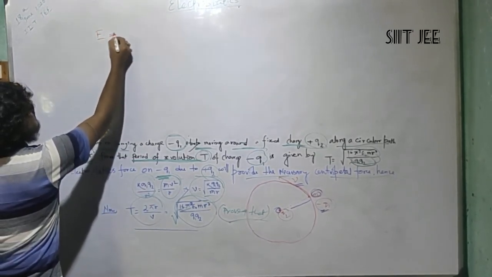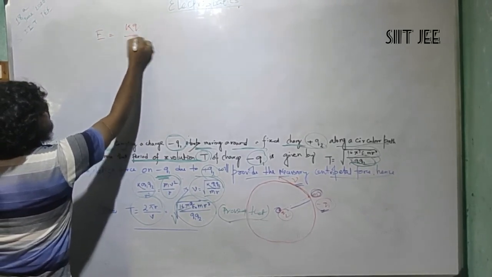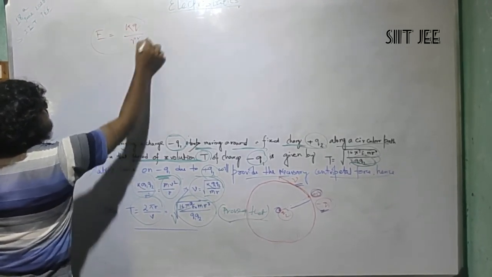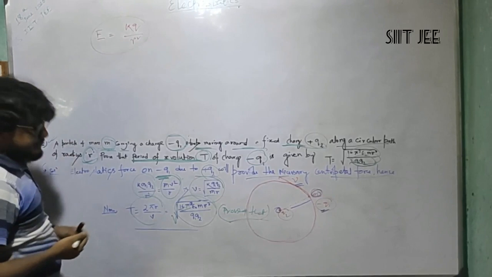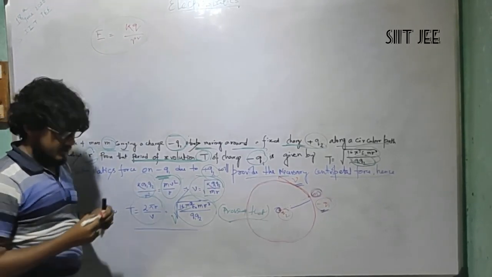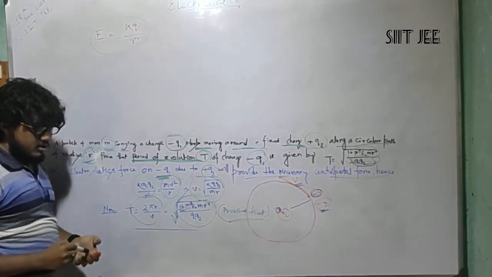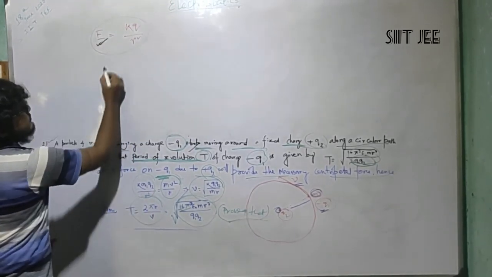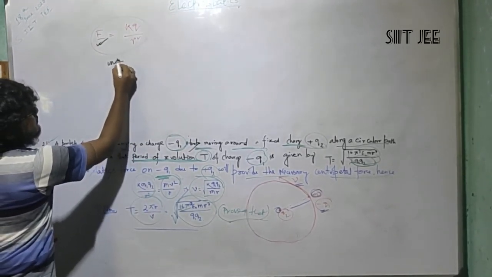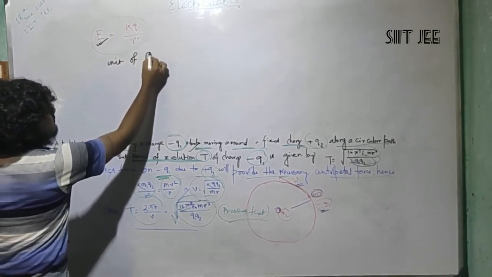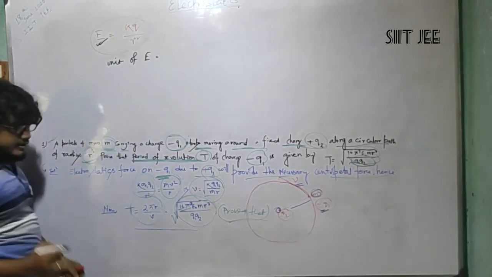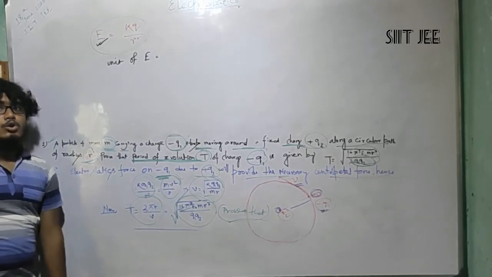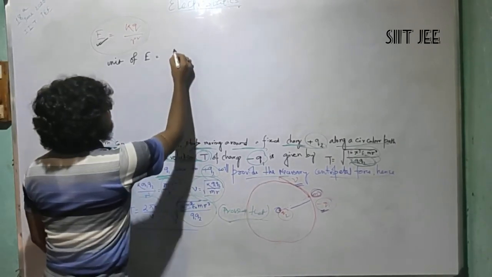Electric field intensity is equal to K Q divided by R square. That's electric field intensity. And the unit of E is Newton per Coulomb.